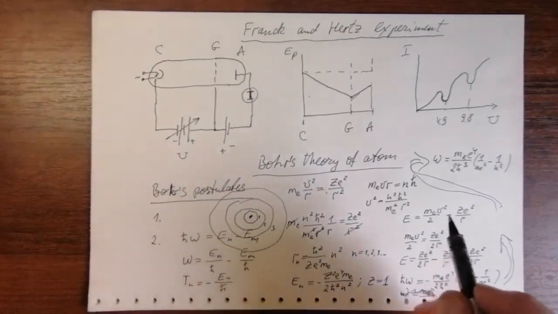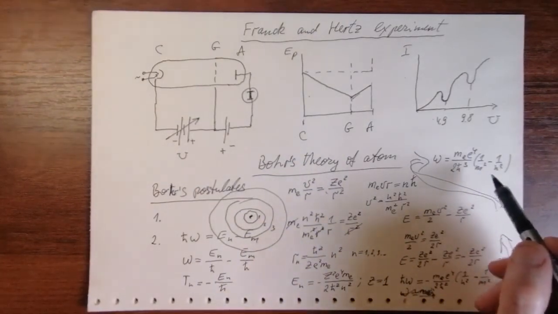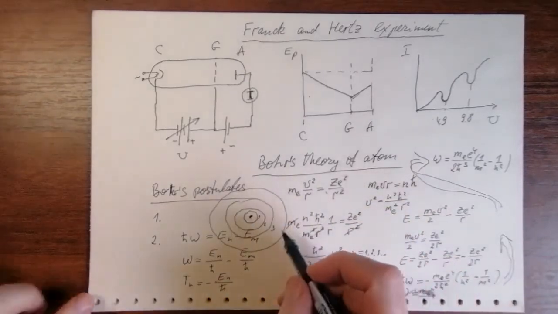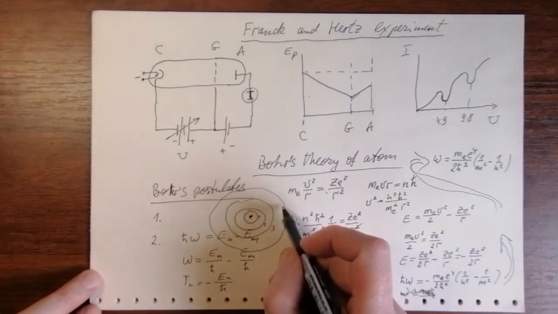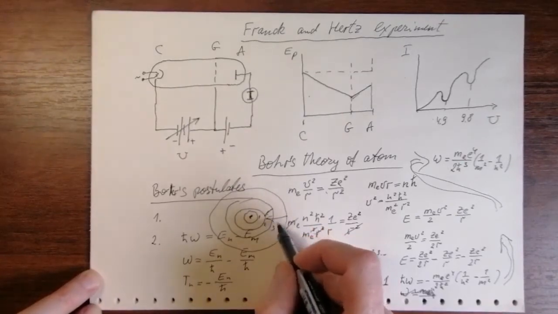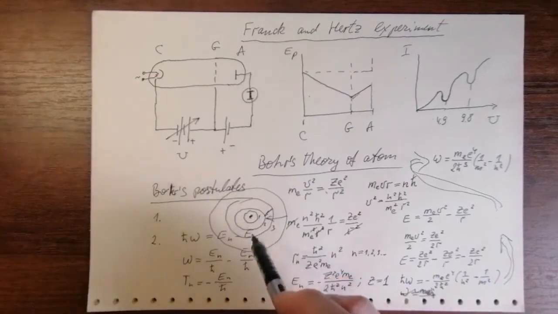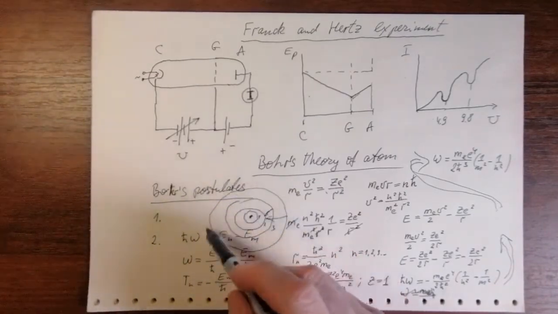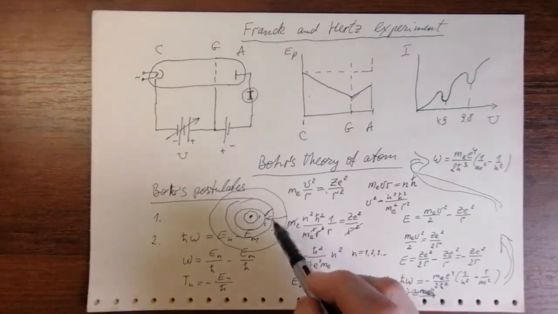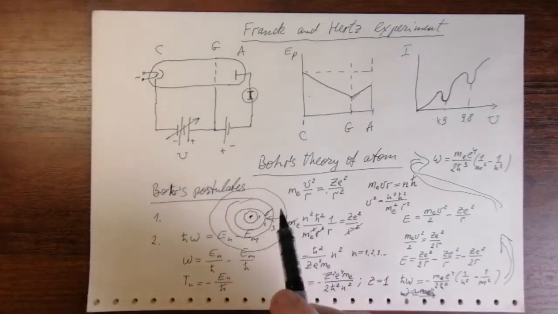And this means that these transfers are electron jumps from some higher orbits to the second one, from this one, from that one, and so on. And the point is that while it is orbiting, it does not emit, and when it jumps from orbit to orbit, it emits light, so electromagnetic waves.